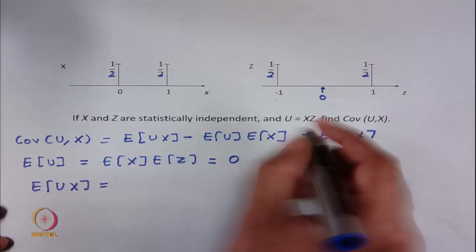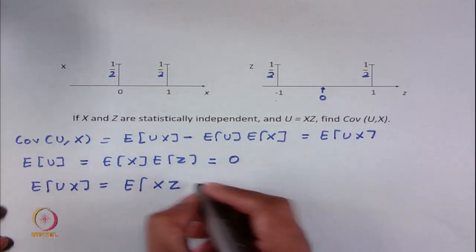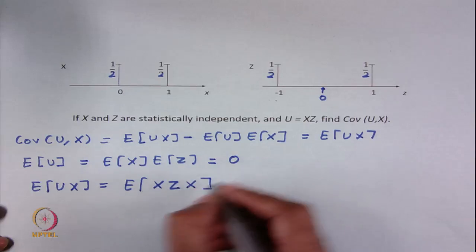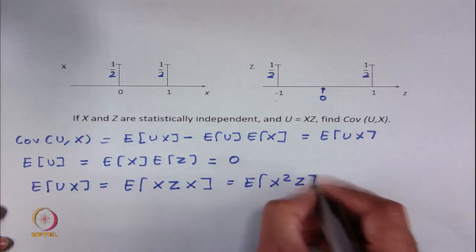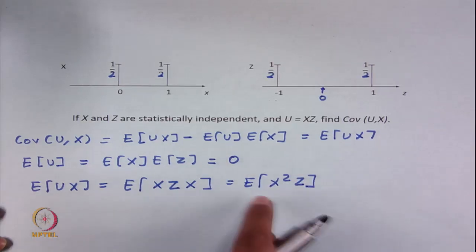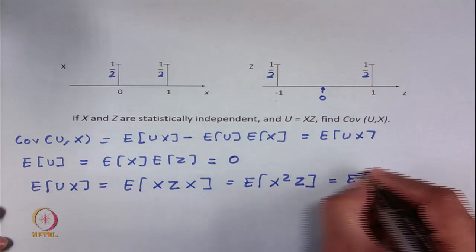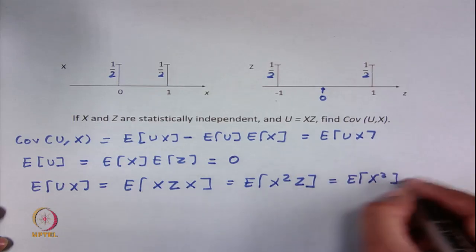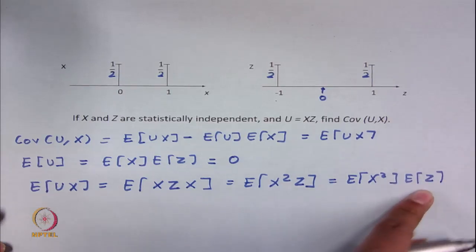Substituting for u, which is x z, I get the expected value of x square z, and because x and z are statistically independent, I can write this as the expected value of x square times the expected value of z, and I already know that the expected value of z is 0.